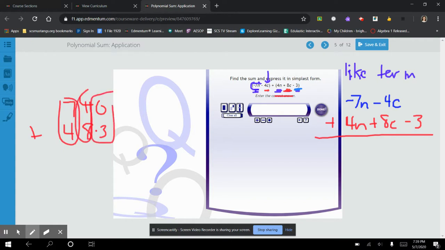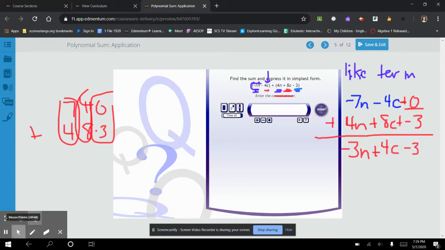So negative 7 plus 4 is going to give us a negative 3n, and then negative 4 plus 8c is going to give us a positive 4c. And then I don't have a constant here, and if it helps you see things better, put a plus 0 there. So 0 plus a negative 3 is going to give us a negative 3.